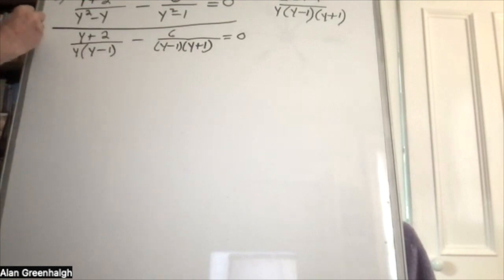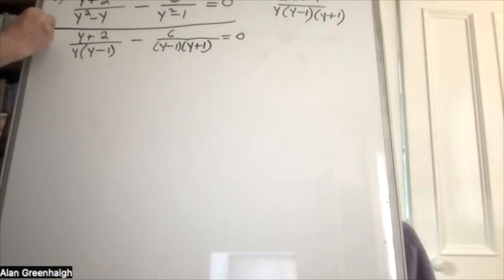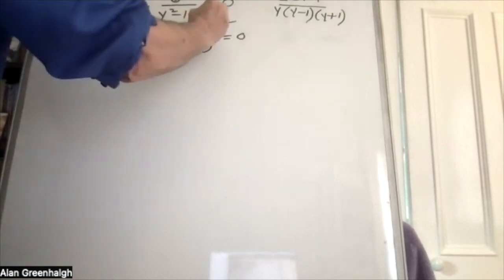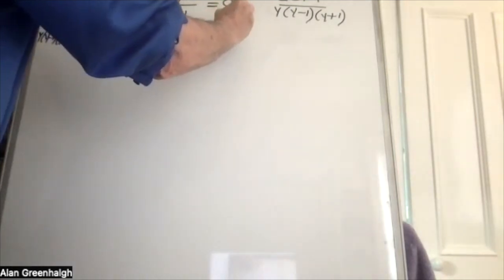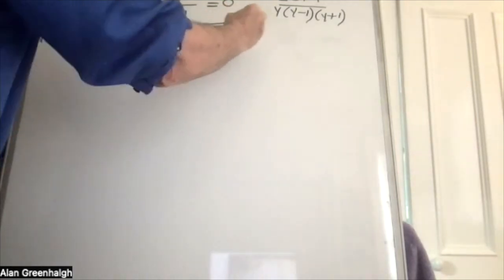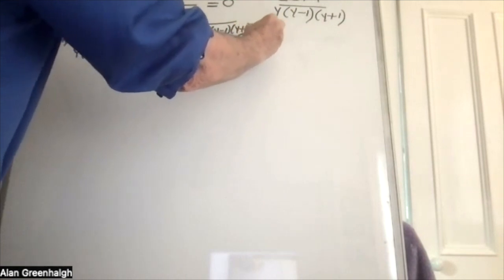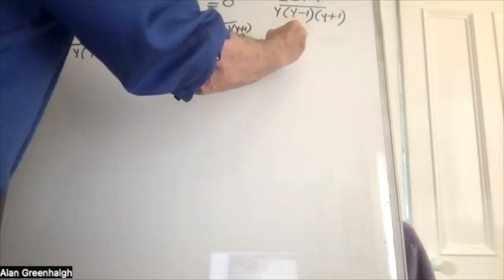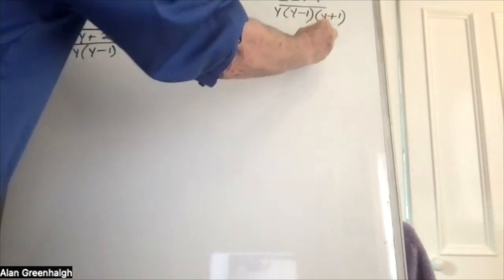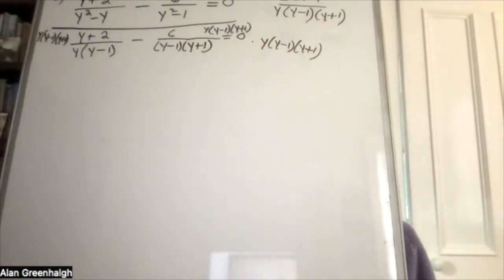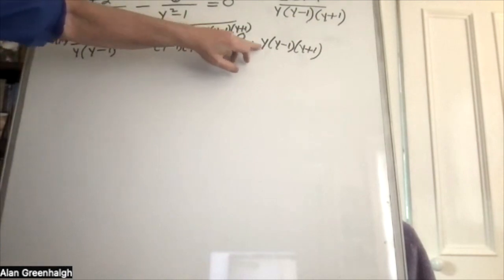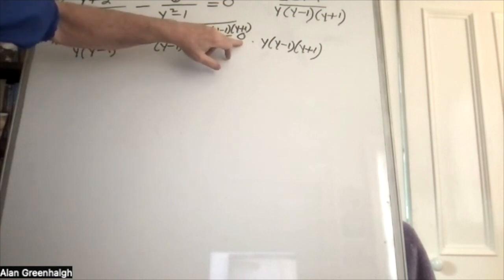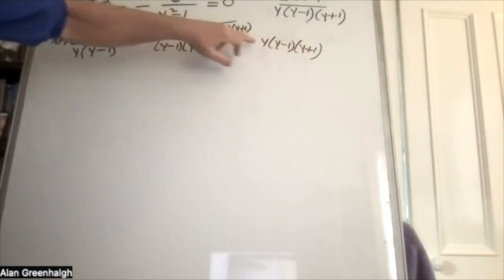So y minus one, y plus one. Y minus one, y plus one. And this is easy. Y minus one, y plus one. And as you can see, in this particular case, since there's no denominator here, the zero will make all of that equal to zero.